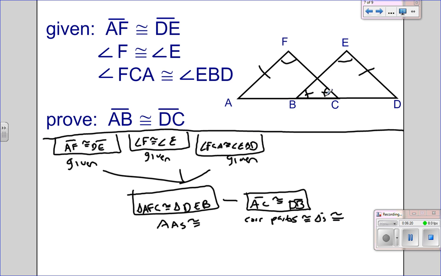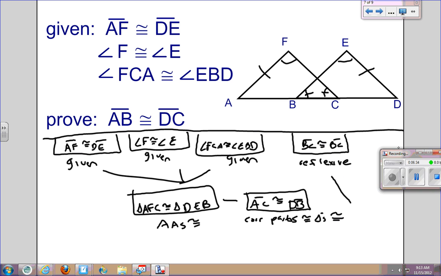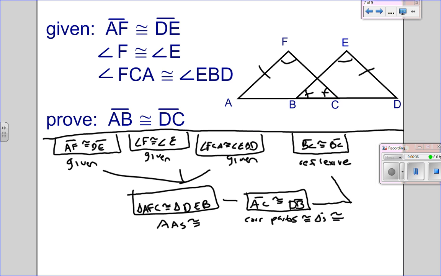If I take away BC from both of them, that's a common segment, then I'm left with AB and DC. So I come back up top, and I say BC is reflexive on itself. So anytime we have reflexive or vertical angles, you put those up top. And I can join them together. And I can say that AB is congruent to DC by a common segment theorem once again. And that's how we do these basic proofs.